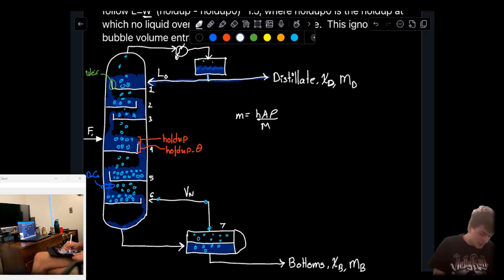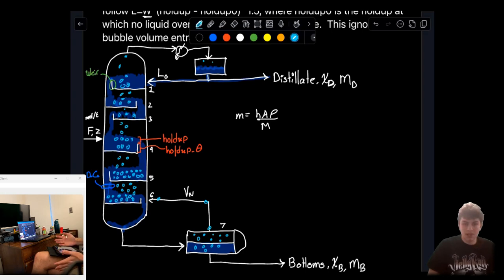So it's going to be in some sort of moles per unit time, as well as some composition Z. Now, once feed hits that tray, it should kind of flash or change in some way, so that we have some separation taking place.